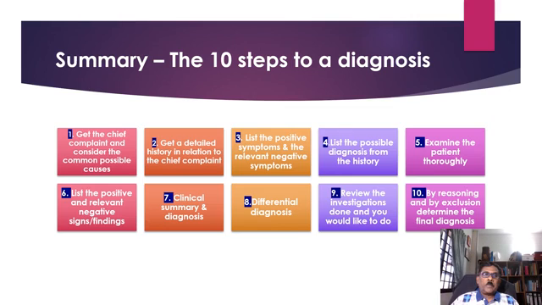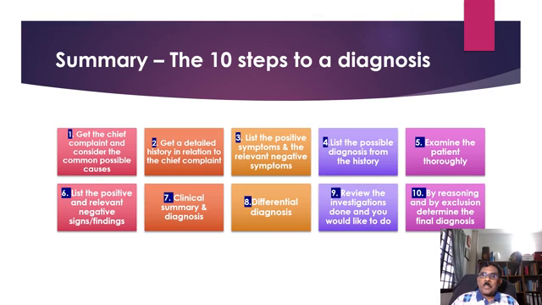So here once again is a summary of the 10 steps to establish a diagnosis. First, get the chief complaint and consider the common possible causes. Second, get a detailed history in relation to the chief complaint. Third, list the possible symptoms and the relevant negative symptoms. Fourth, list the possible diagnoses from the history.